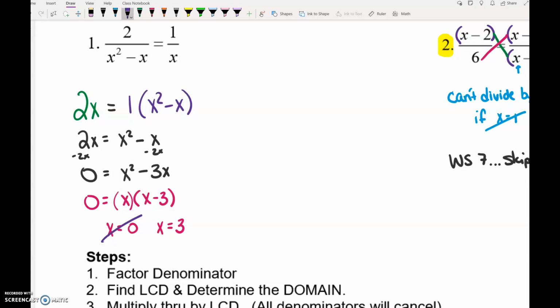You don't even have to check both denominators, but if it makes 0 in any of the denominators, it's not going to work. Now let's check 3. If I put 3 in right here, we're good. That'd be 1/3. If I put 3 in here, 3 squared is 9 minus 3. That's definitely not 0. So our answer of 3 is good.